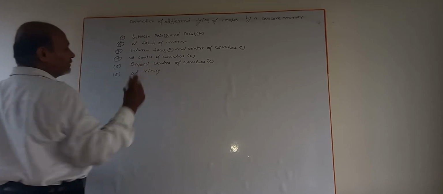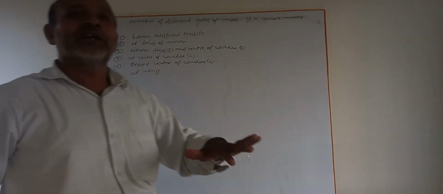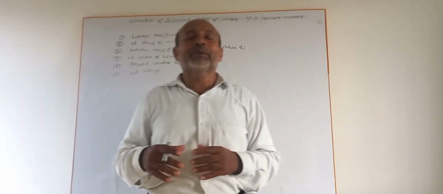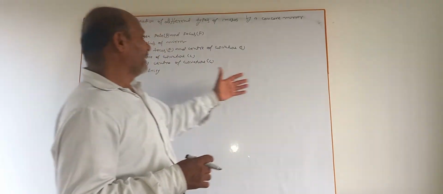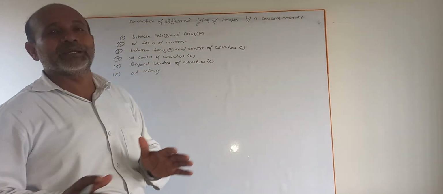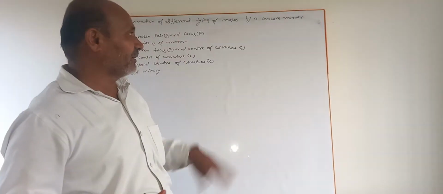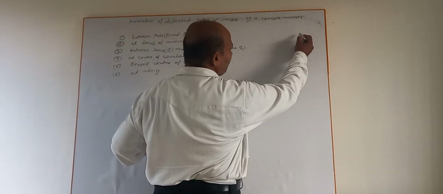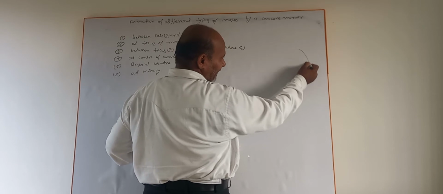These are the positions or different distances where we can place the object to get different types of images by a concave mirror. We can see it through our ray diagram.